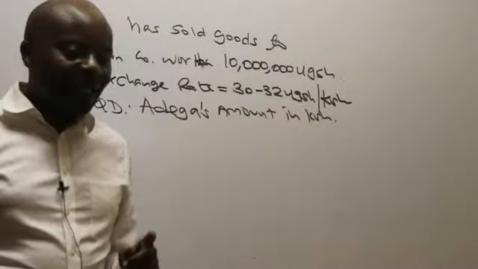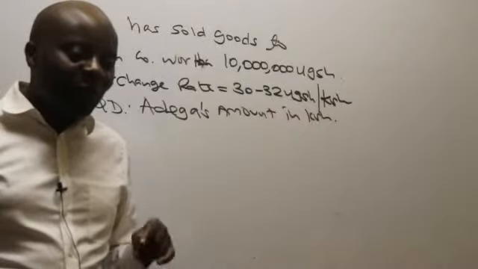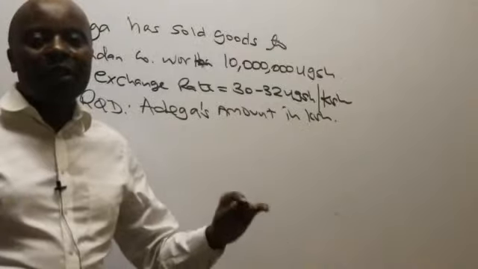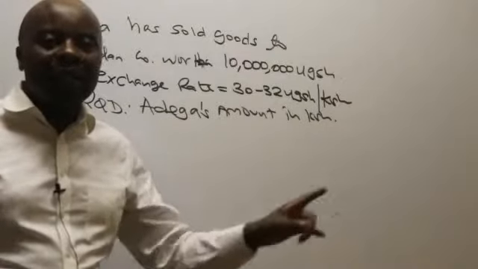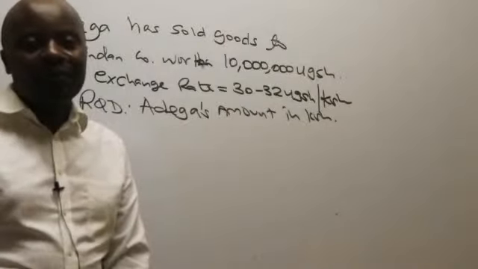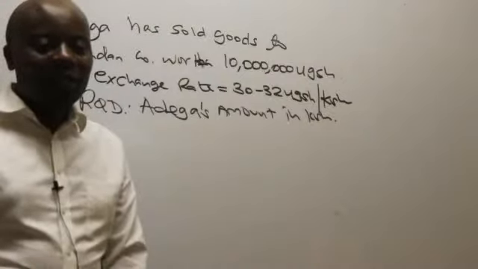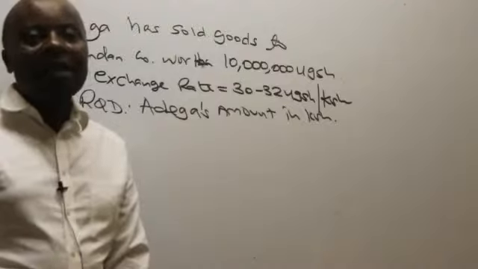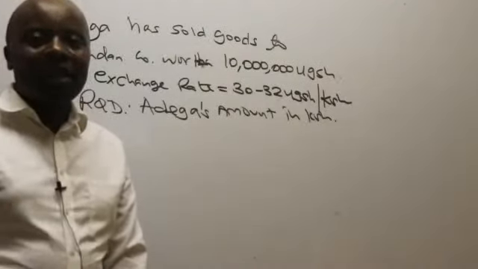Nevertheless, if you're not so sure of which rate to use, always apply both rates and use big English conjunctions. So you say, if I use 30, then Adega will receive this much.